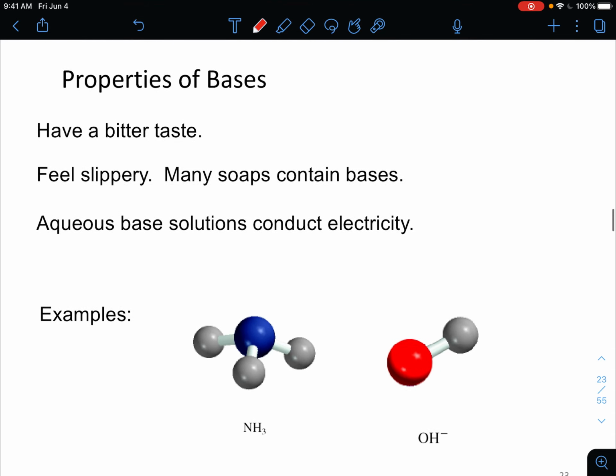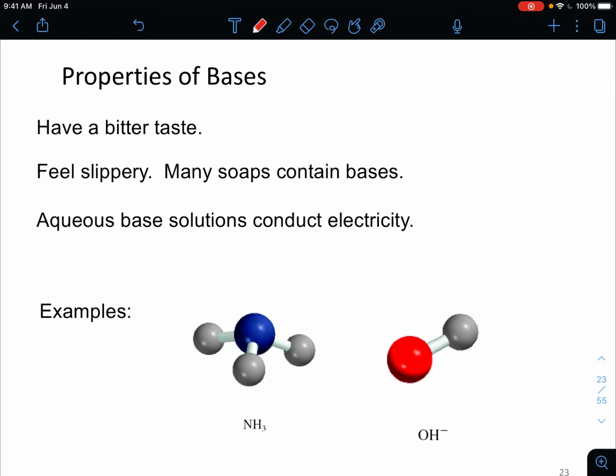When we think about bases, whereas acids have a sour taste, bases have a bitter taste, so soap is kind of the best thing to think about with regard to that. Bases typically feel slippery, so even if you had a pellet of sodium hydroxide and you put it on your gloved hand, after a while it would start to slide around a little bit. It's kind of what we expect.